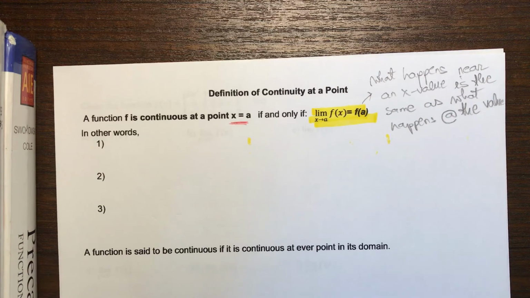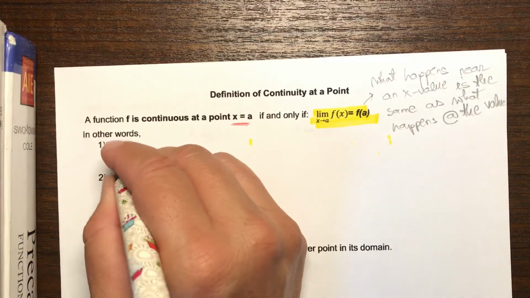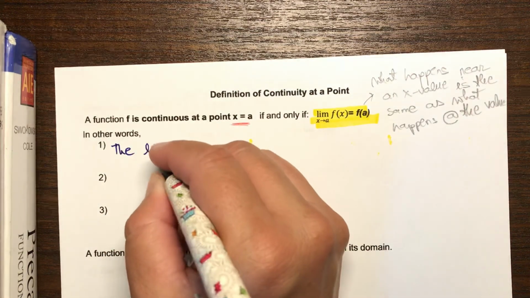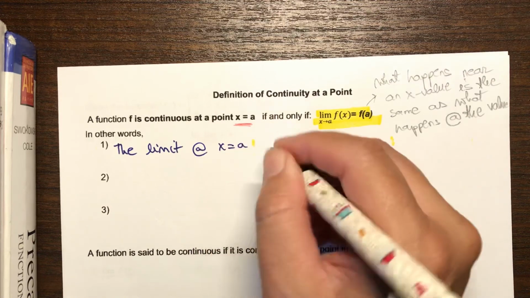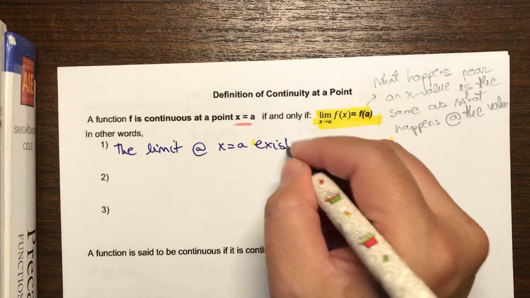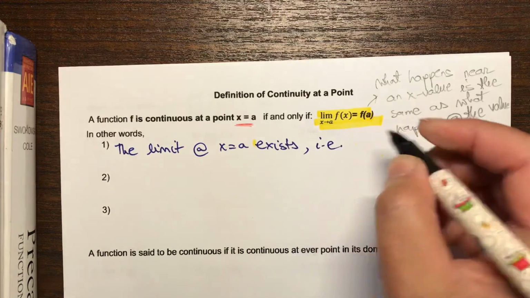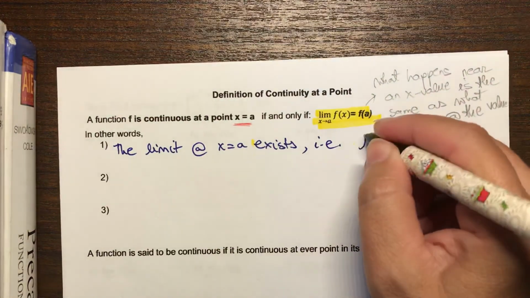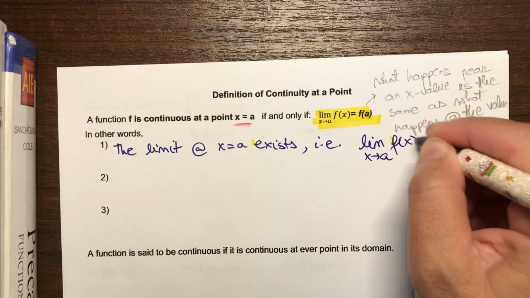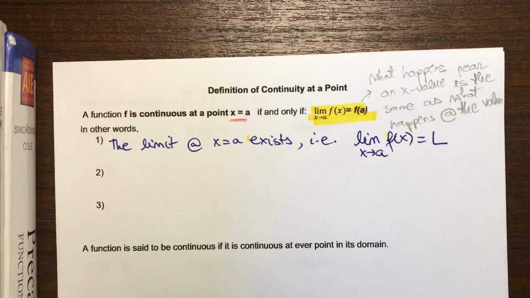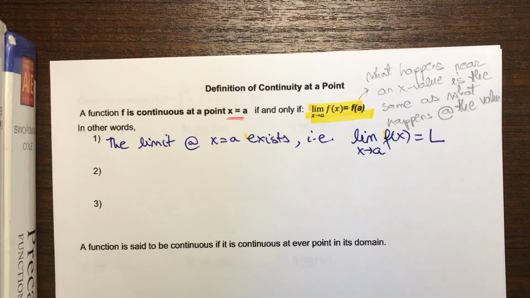So the 3-part definition says, as you see, that the limit has to exist. In other words, the limit as x approaches a of f of x is some value, right? To exist means it's some number, right?